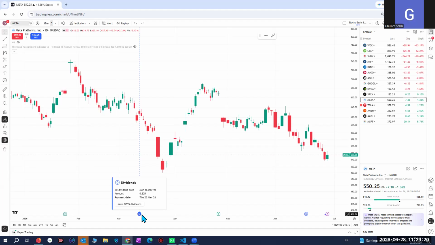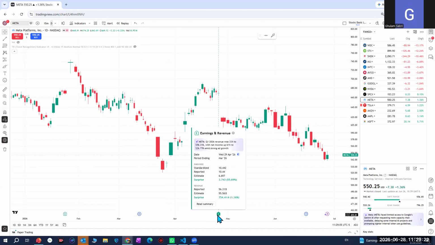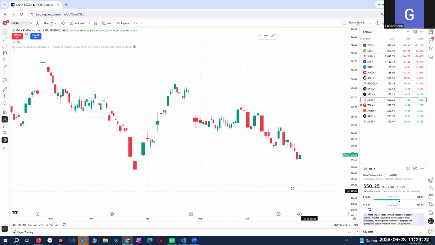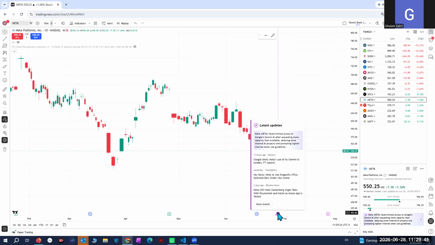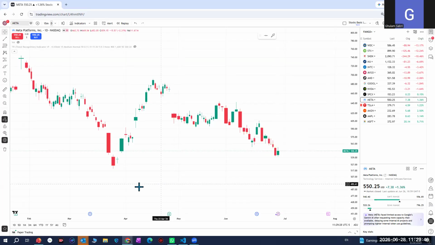The next earning came around 29th of April. And when is the next earning due? The next earning is due here, 29th of July, next month for Meta. If there is any important event, that also is highlighted, or the news. This is the latest because we are right here. These are the latest updates and news appearing for this particular ticker symbol.